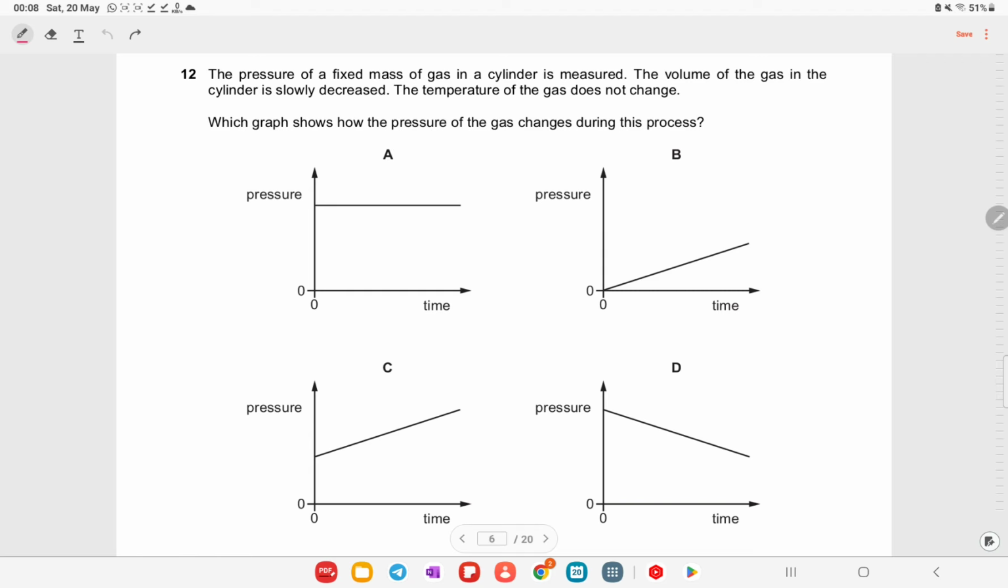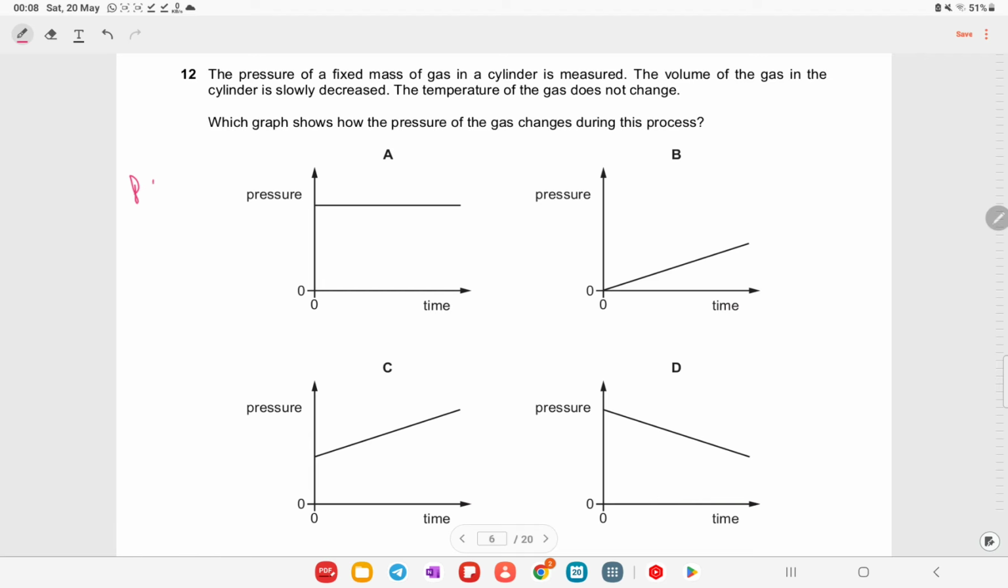The pressure of a fixed mass of a gas in a cylinder is measured. The volume of the gas in the cylinder is slowly decreased, and the temperature of the gas does not change. Which graph shows how the pressure of the gas changes during this process? So option A cannot be possible.